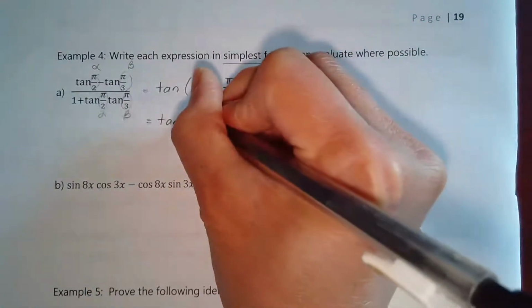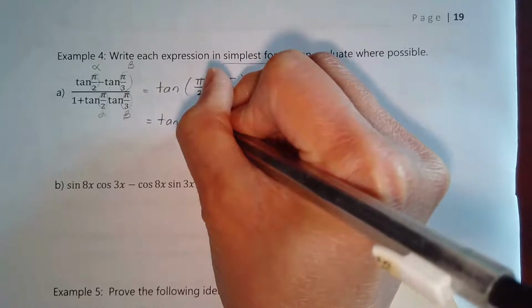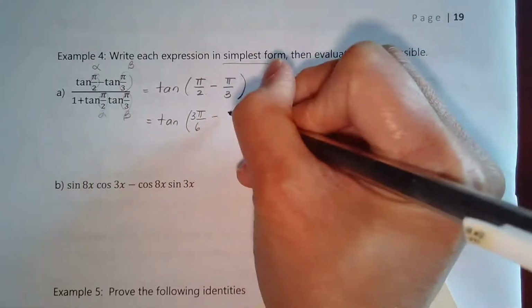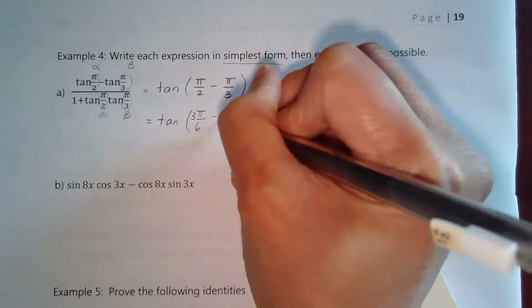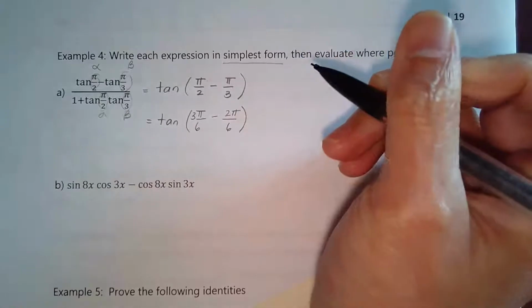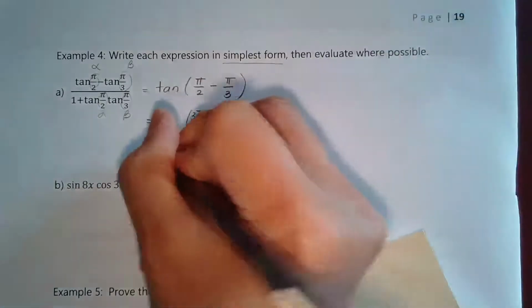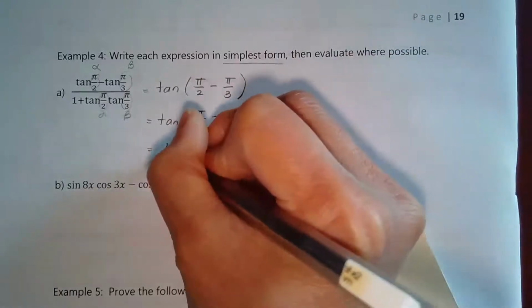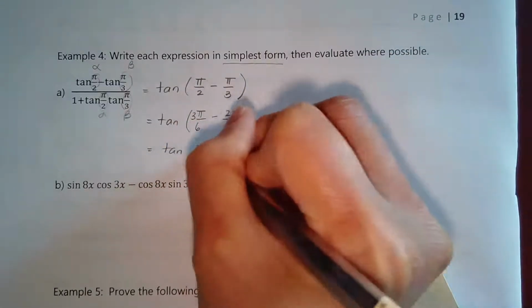So that's going to be 3 pi by 6 minus 2 pi by 6. And when we have tan of 3 pi by 6 minus 2 pi by 6, that's the same thing as tan of pi by 6.